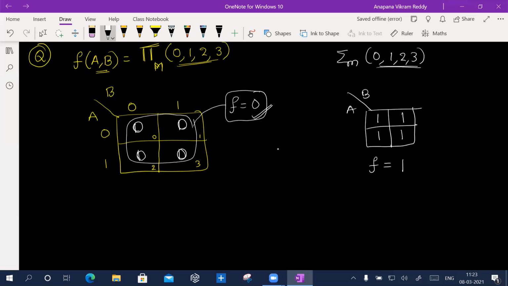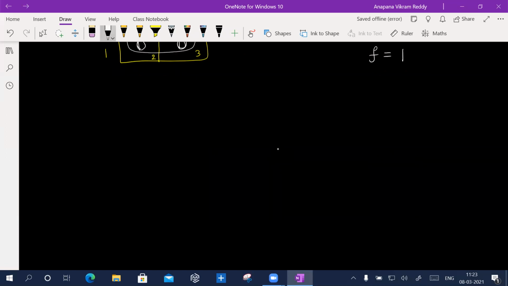So just to say this, I picked up this simple problem. Now we will try to introduce don't cares, okay? So we will introduce don't care condition. Some textbooks take this cross symbol for don't care. Some textbooks take this symbol, whatever you choose, it's up to you.